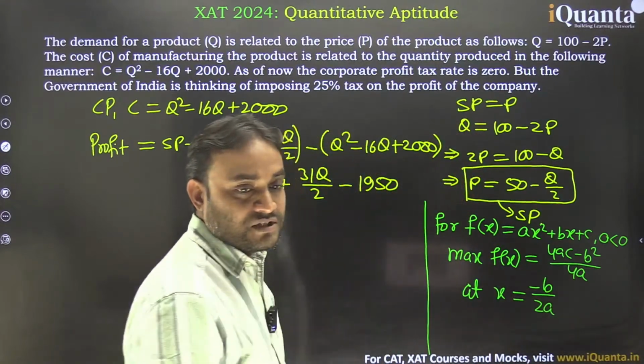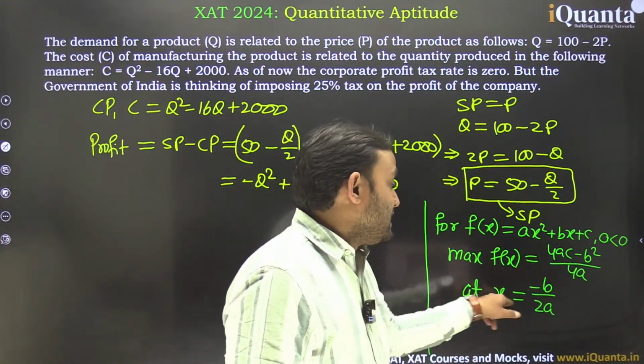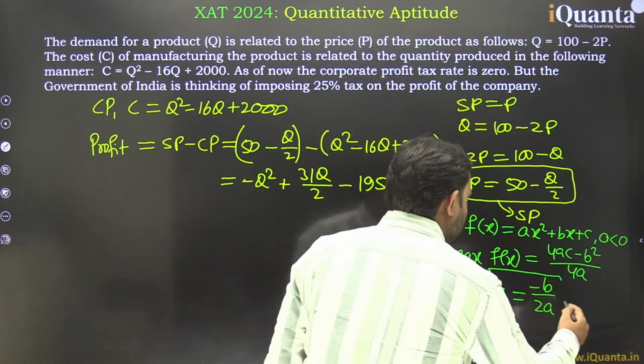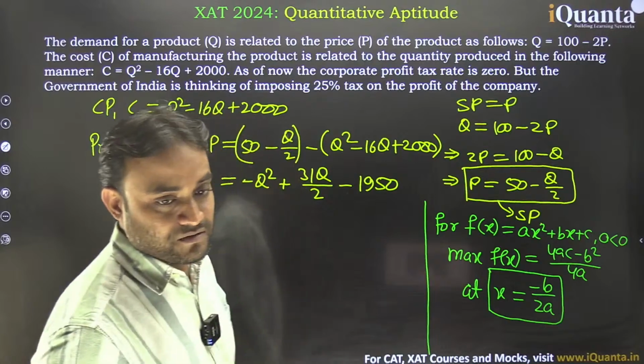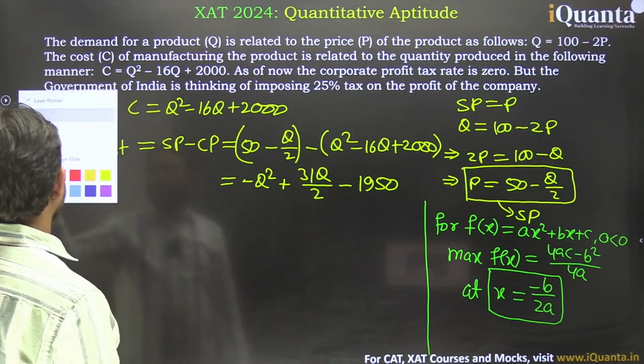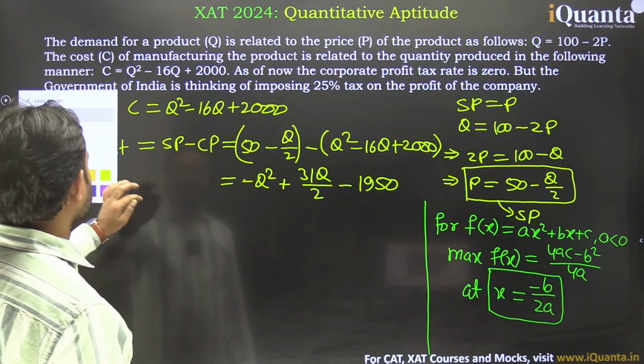Right, this is what we need to find. Where is the maximum value obtained? At x is equal to minus b by 2a. This is what we need to find. Minus b by 2a. What is a here?